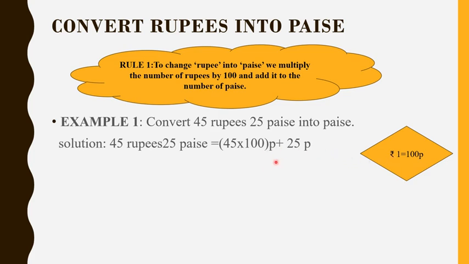So we are going to multiply any given amount of rupees by 100 if we have to convert that into paise. So 45 into 100 paise plus 25 paise equals 4500.